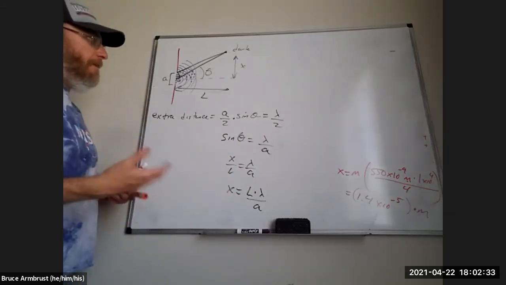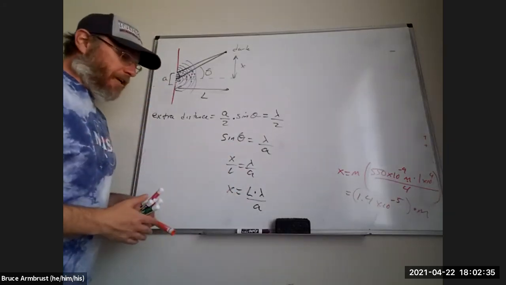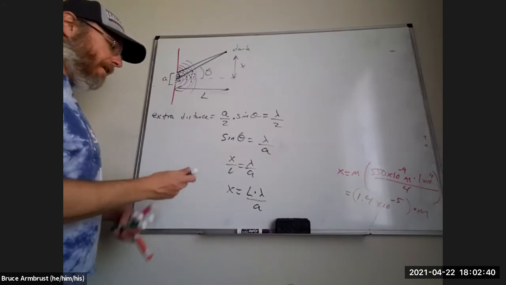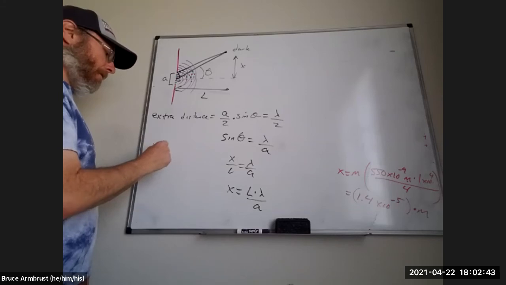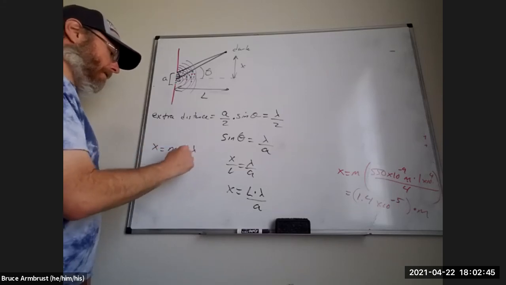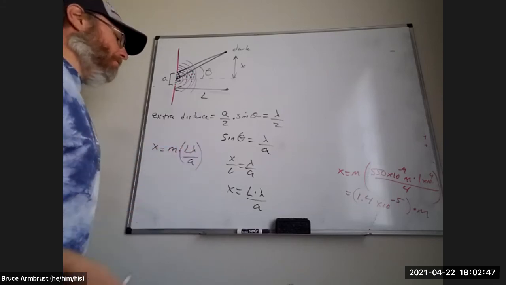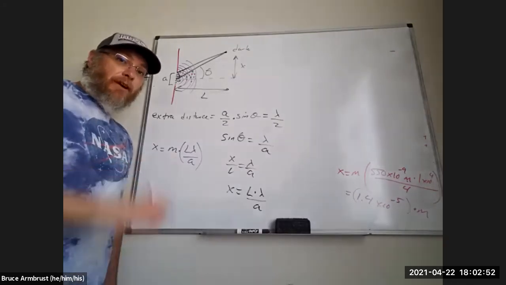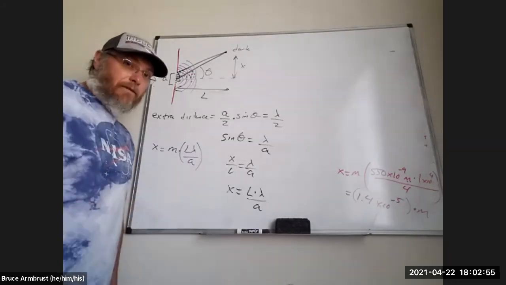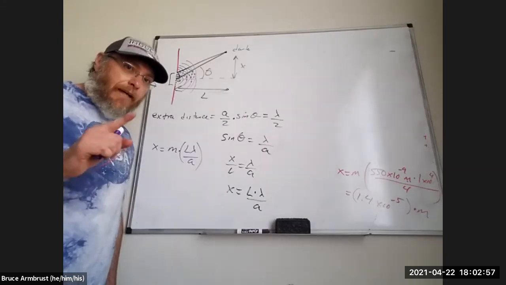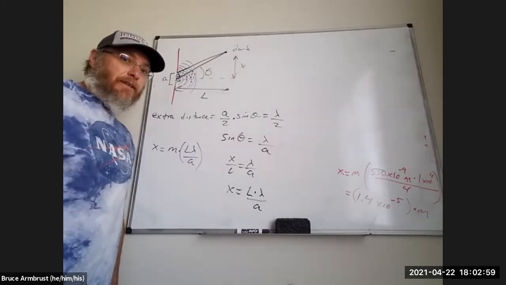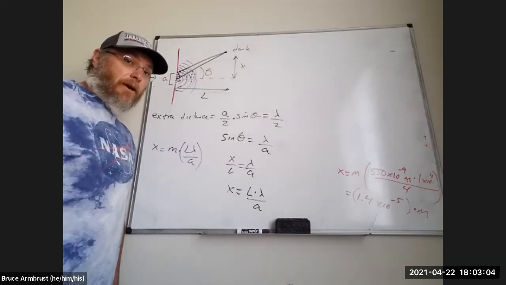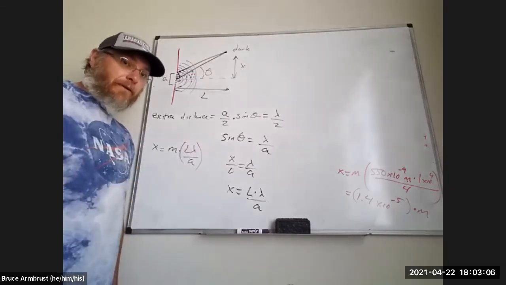So if instead of just randomly cutting it into 2, we cut it into fourths and sixths and eighths and so on, it turns out that we start getting dark spots at multiples of this L lambda over a. So the dark spots are going to happen regularly. And that's what you saw when you did the single slit experiment in lab. You still saw that there were dark spots that occurred regularly.